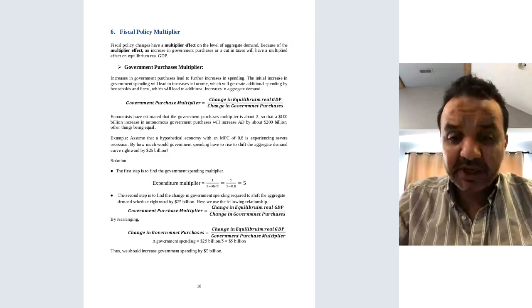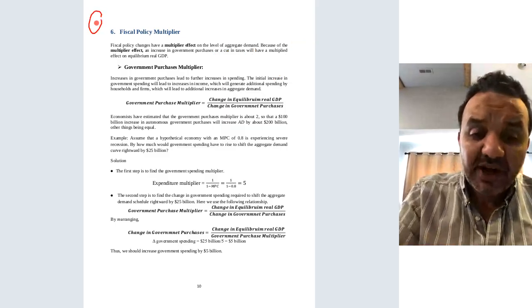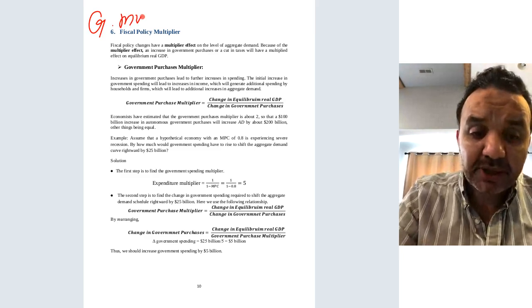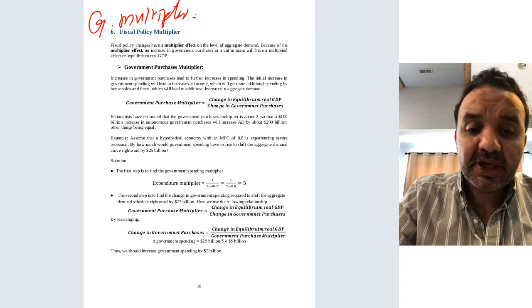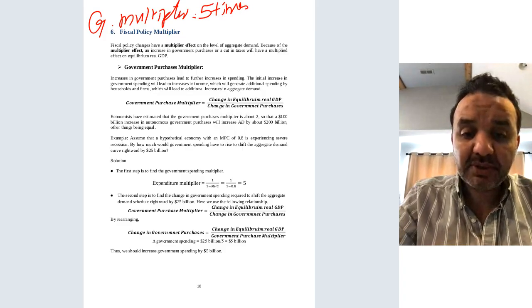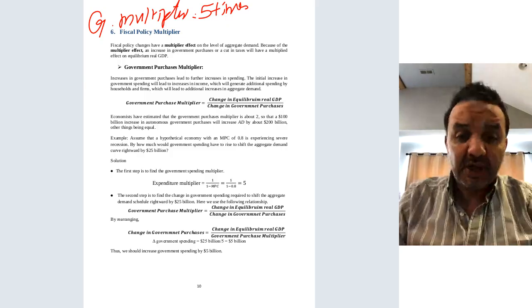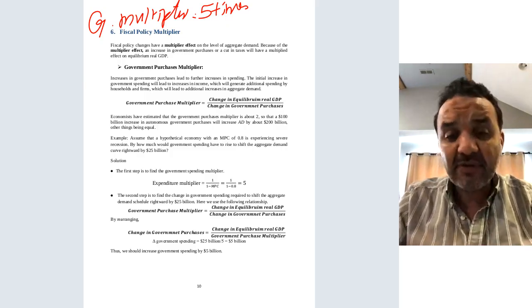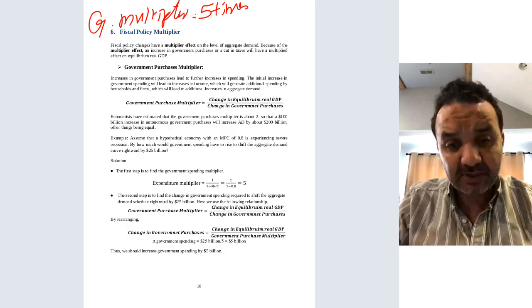Okay, another example. Government spending multiplier, let's say equals 5. So 5 times. This is how we say it. If you know that the government multiplier equals 5, what does that mean?